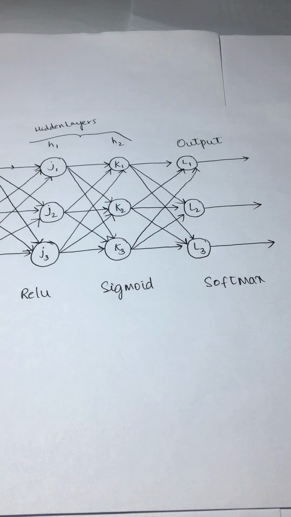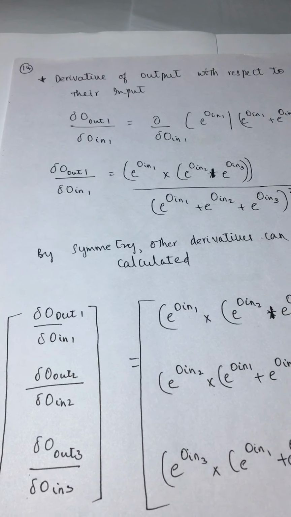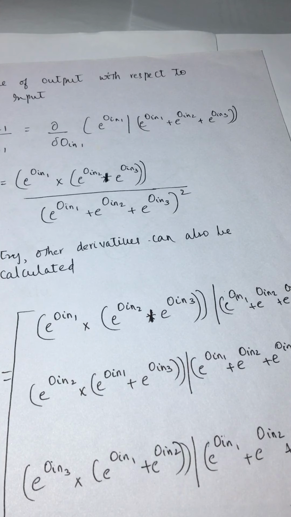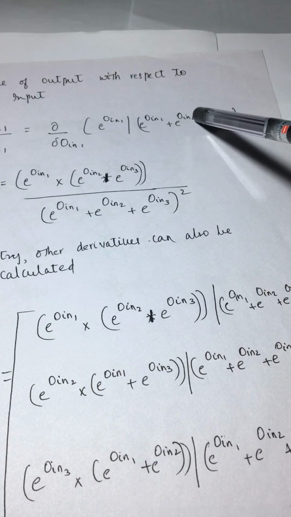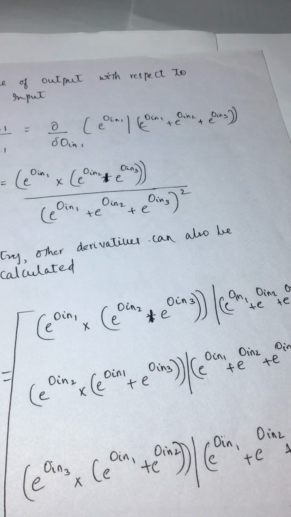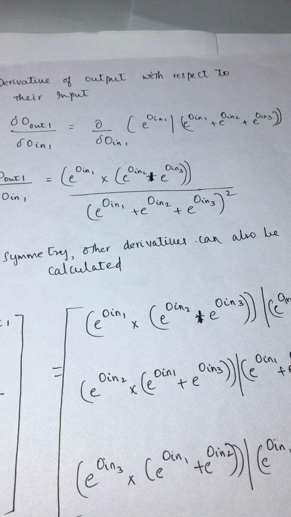The next thing you need to calculate is the derivative of your output with respect to your input, right? Your output is nothing but your softmax activation function, and you have your input.